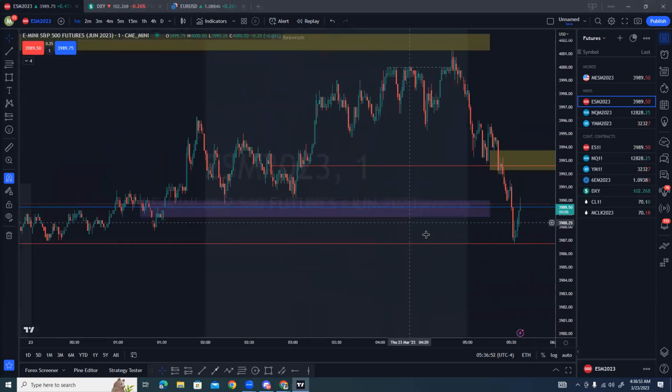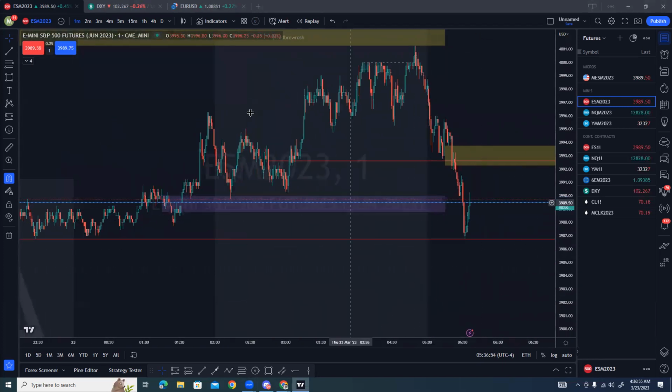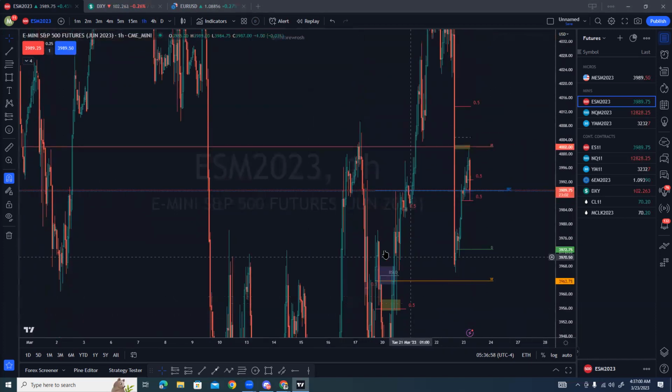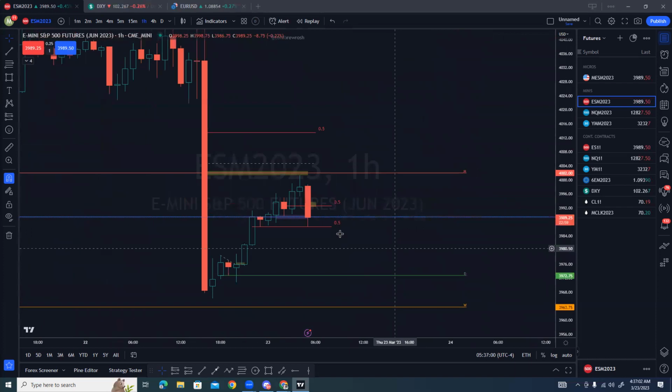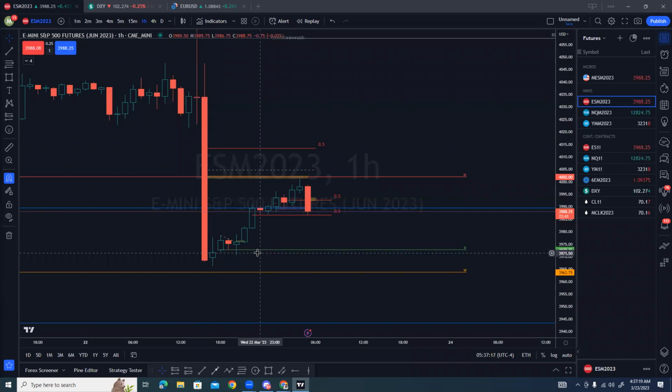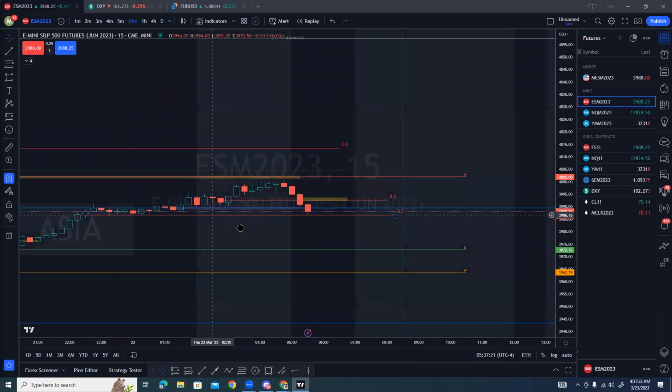And the reason I'm long here and not short is because we are in this range, right? We're in the discount area of this range. You should always scroll through multiple time frames, especially the higher time frames.